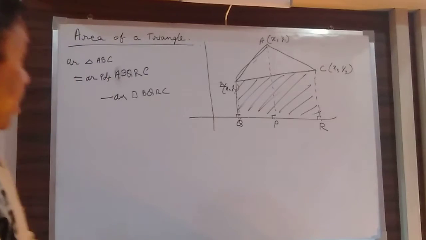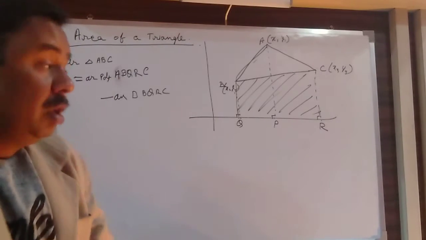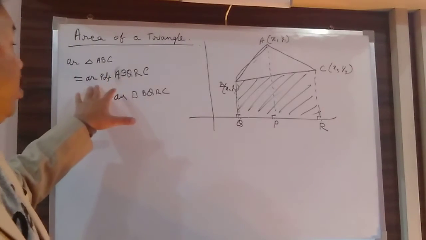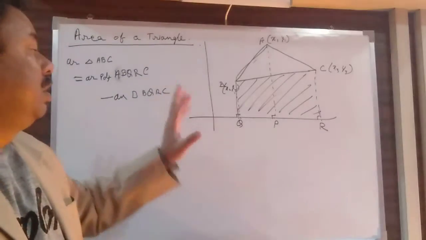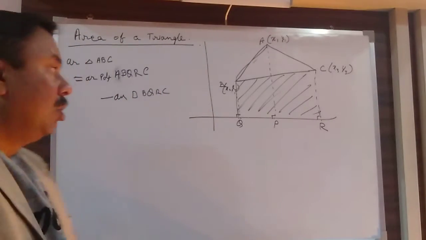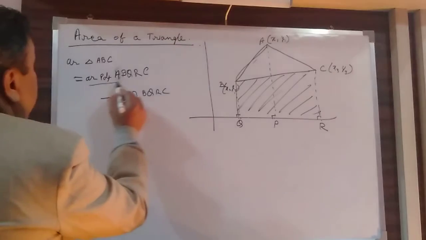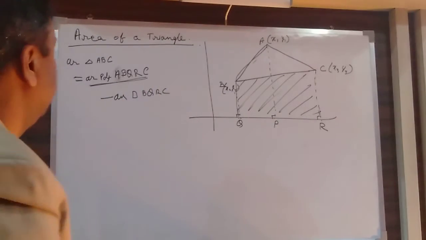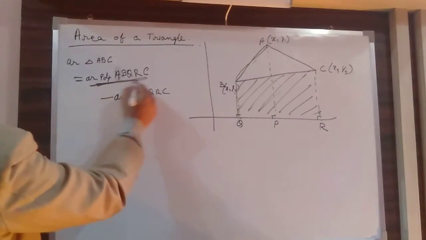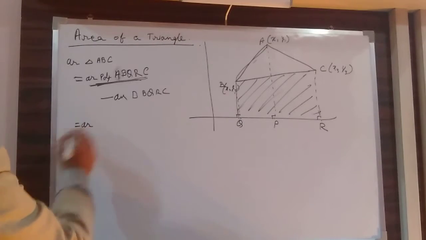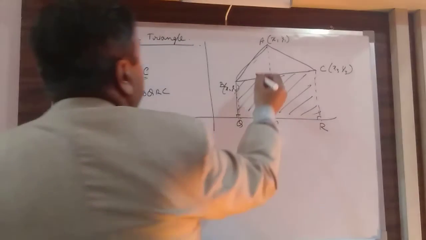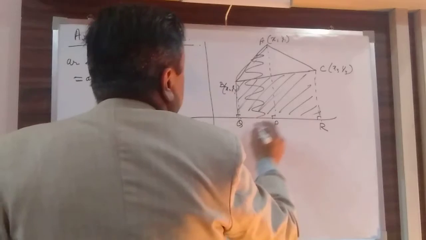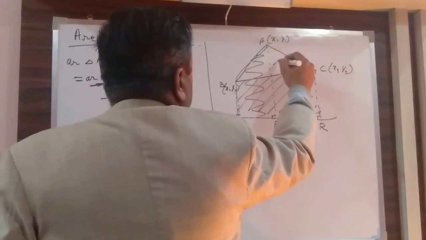But you don't have the formula to find this and this. So this can be divided further into two parts, like this one and this one.